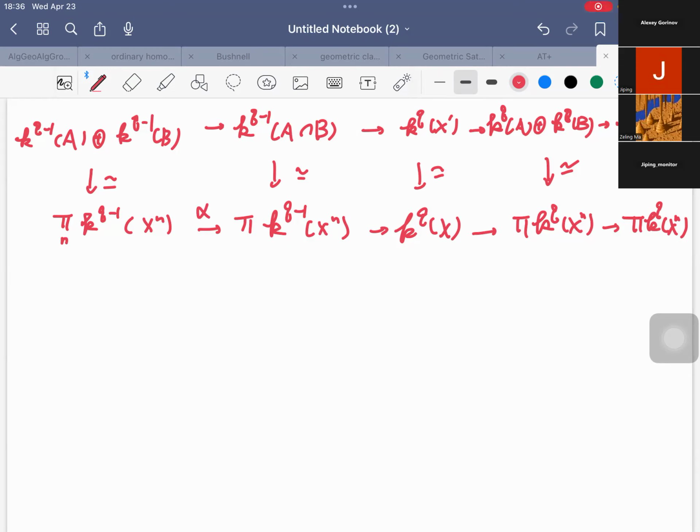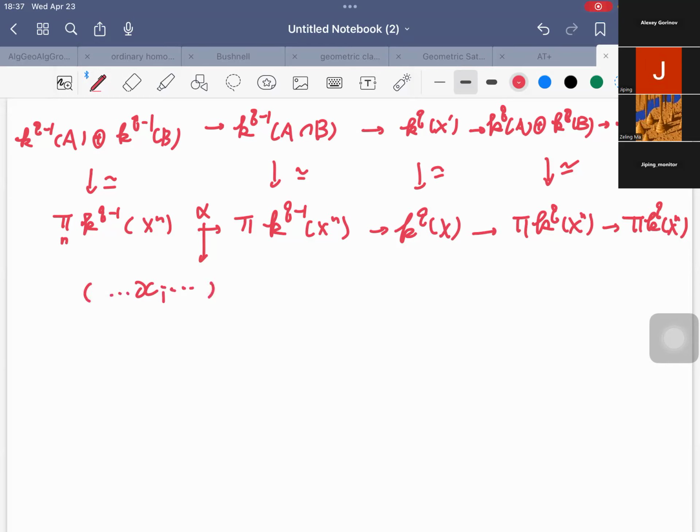This also has the same form as the homology case.